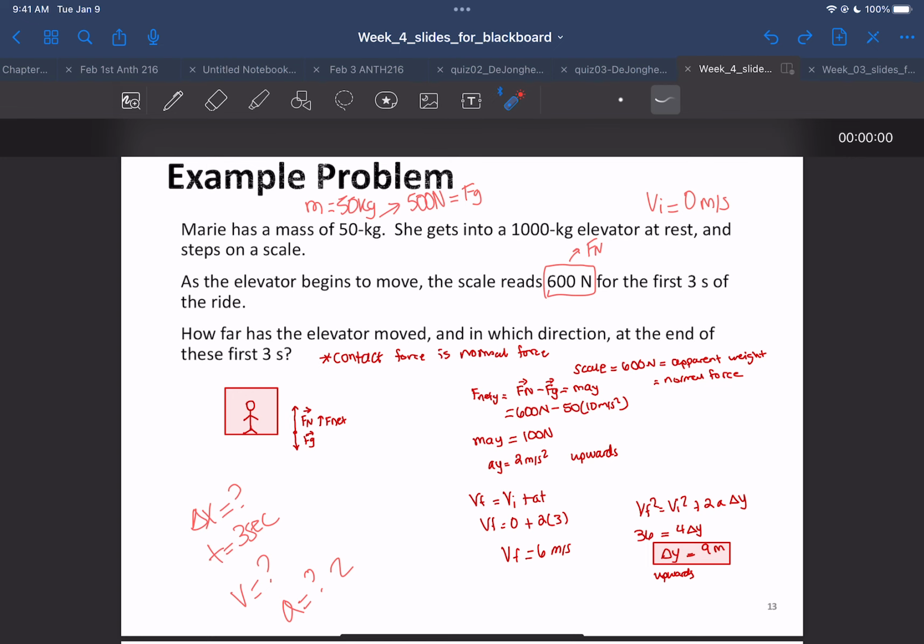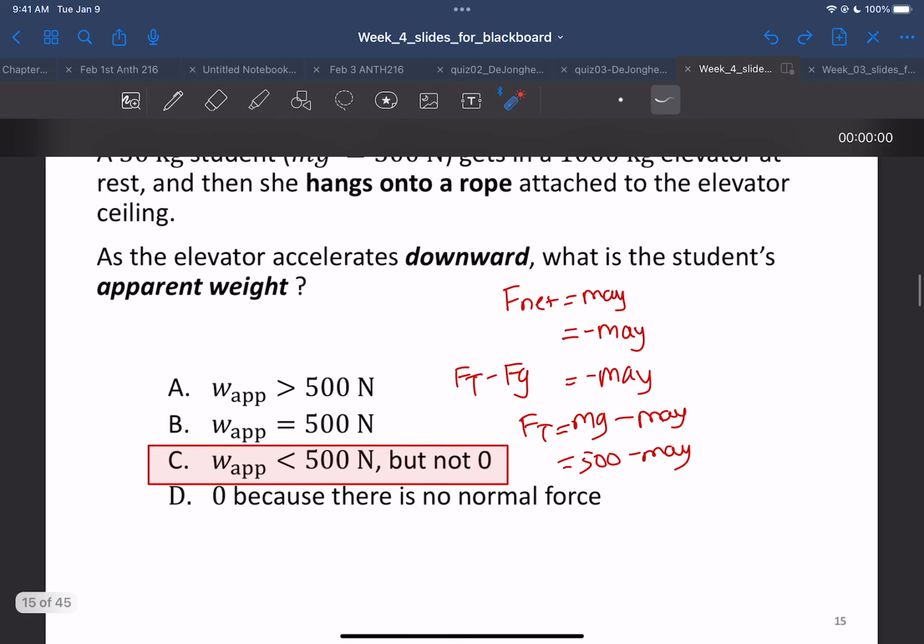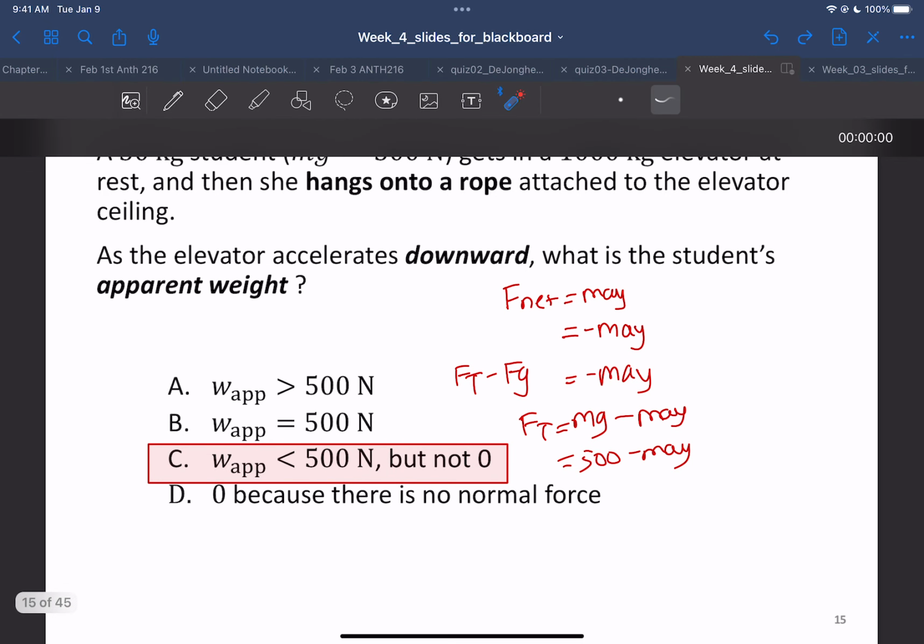Well, if they're hanging onto the rope, then what do I want to say here? Actually, I'm not sure if this is quite right here.